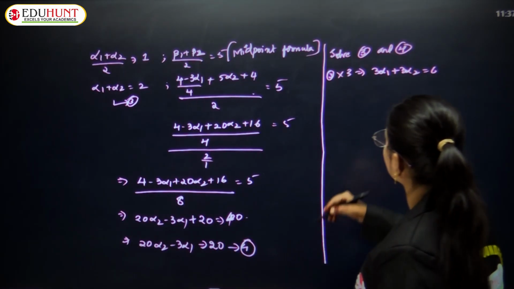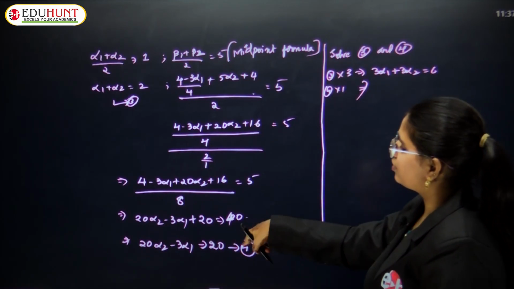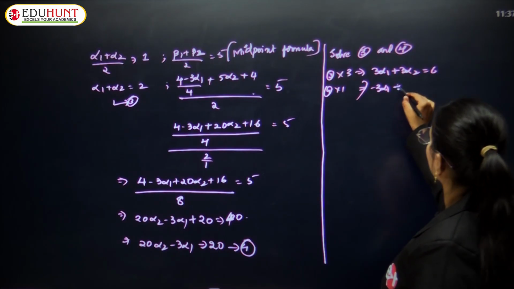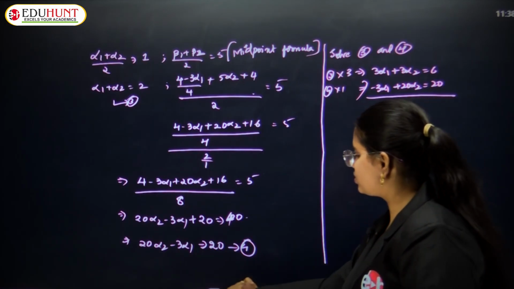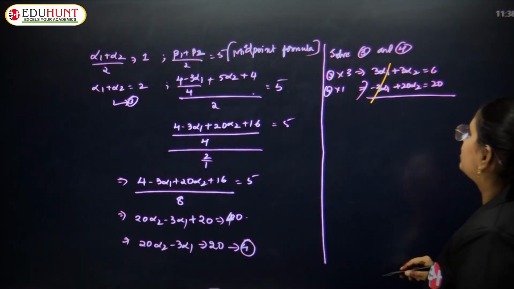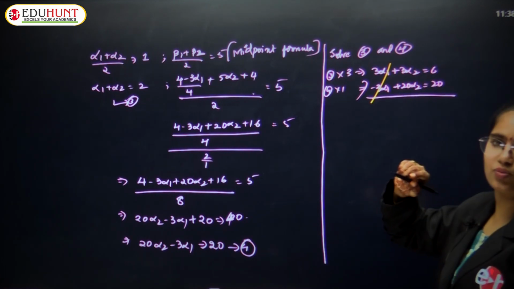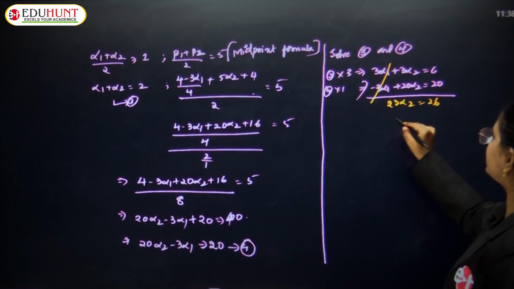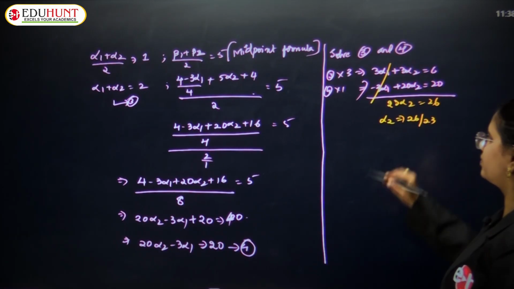And the fourth equation is minus 3 alpha 1 plus 20 alpha 2 is equal to 20. So the same variables will get cancelled, right? Plus 3 alpha 1 minus 3 alpha 1 becomes cancelled. 3 alpha 2 plus 20 alpha 2 becomes 23 alpha 2 is equal to 26. So the alpha 2 value becomes 26 by 23.